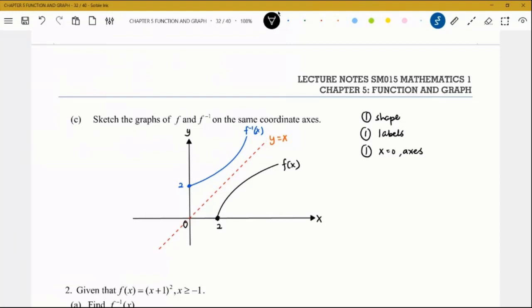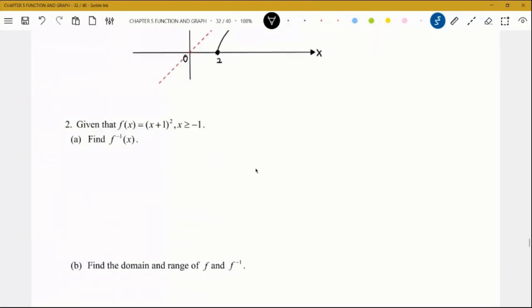Okay, we move to the next one adalah number 2 for example 12. This one is a quadratic. Okay, quadratic x plus 1 square. Okay, kalau kita abaikan x greater than equal to negative 1, graf kamu adalah seperti ini. Negative 1.